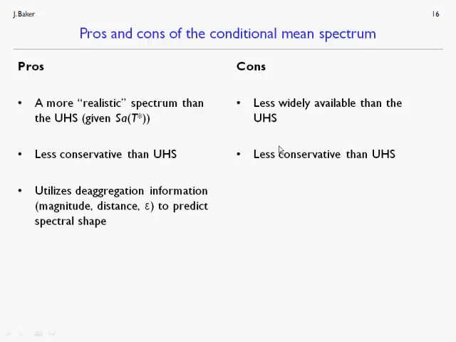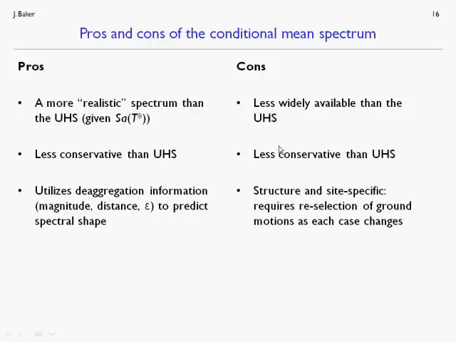An advantage of the conditional mean spectrum is that we're using the deaggregation information on magnitude, distance and epsilon to identify the most realistic spectral shape for our ground motion. So we've incorporated all possible information that we obtained from the probabilistic seismic hazard analysis calculation. A con of that, though, is that this analysis is now structure and site specific. So I have to use deaggregation from a specific site.